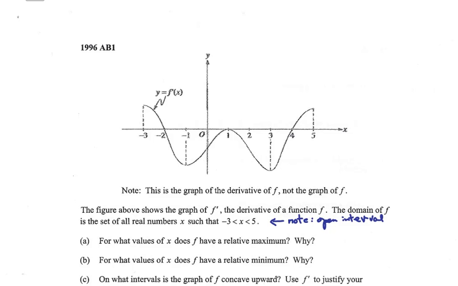Usually when we're working with a derivative, we will be working with an open interval because most of the theorems and ideas in calculus require that we have a function that's continuous on a closed interval and differentiable on an open interval. Since this is the derivative, we're showing that the function is differentiable on the open interval.